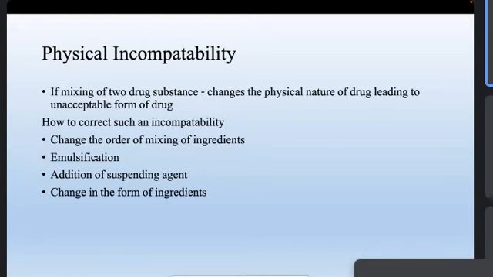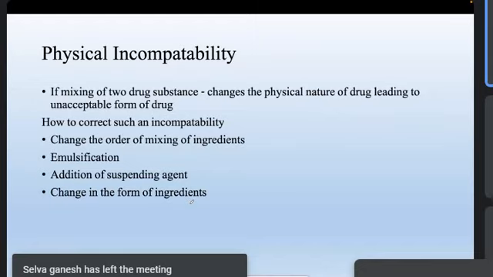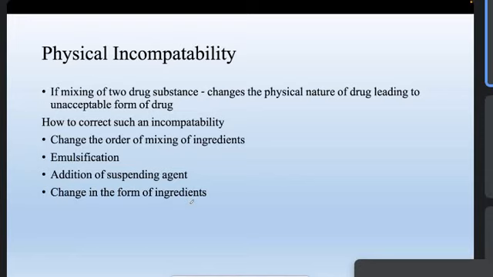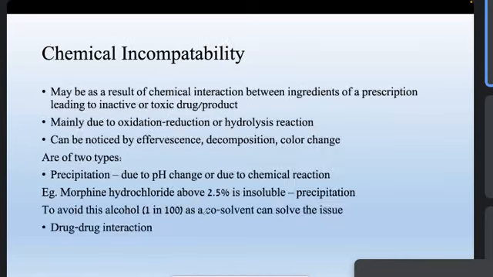Or you can even change the form of ingredients. For example, if a powdered form of a drug is not mixing effectively, and you have an alternate liquid formulation, then you can use that for the drug substance to be mixed. Okay, so those are physical incompatibilities.